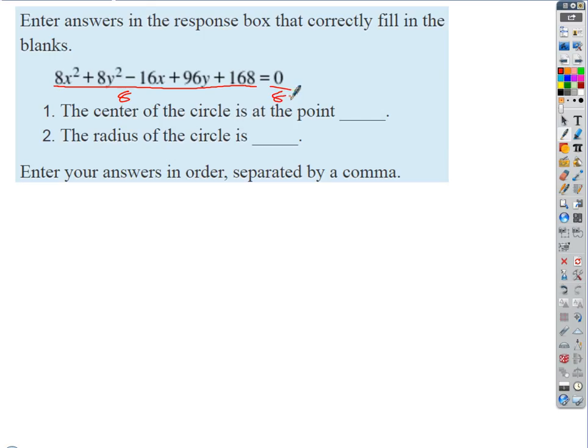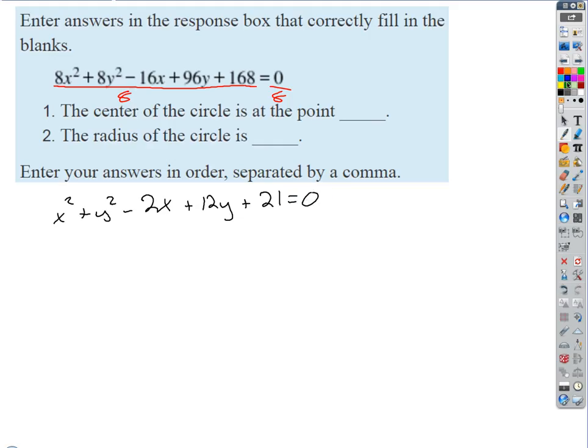So what do we get? If I divide each term by 8, we end up with the equation x squared plus y squared minus 2x plus 12y plus 21 equals 0.